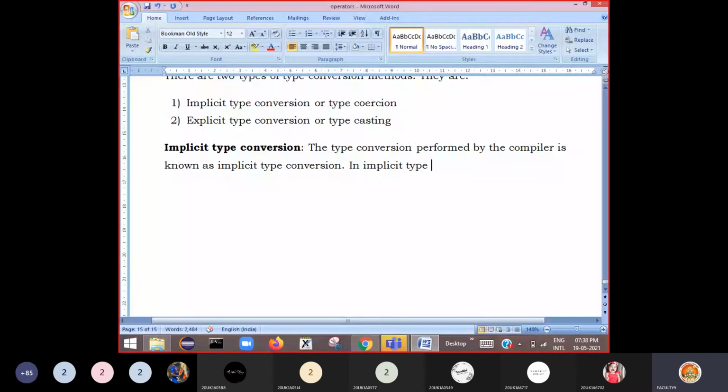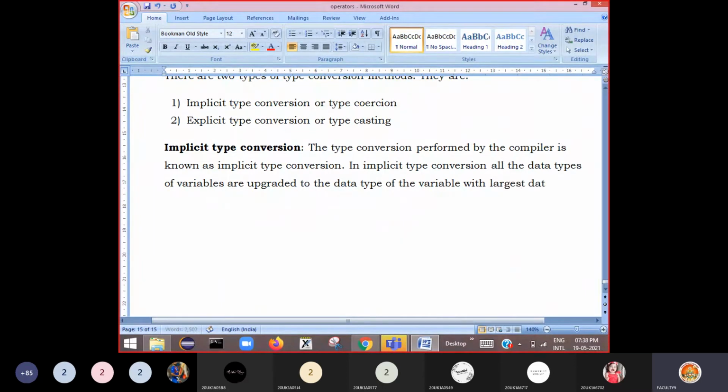In implicit type conversion, all the data types of variables are upgraded to the data type of the variable with the largest data type.